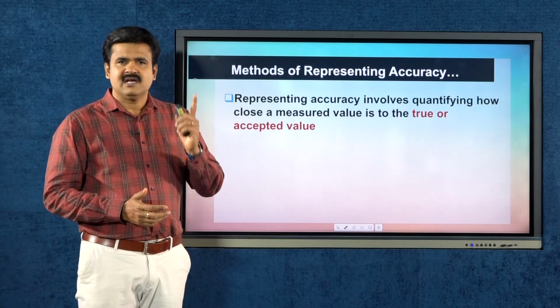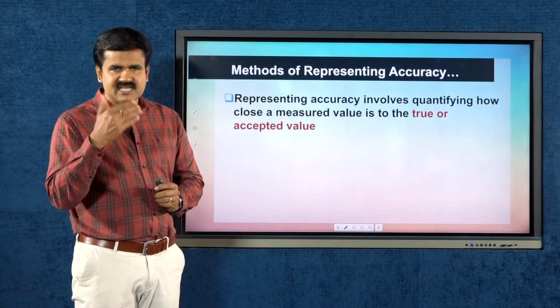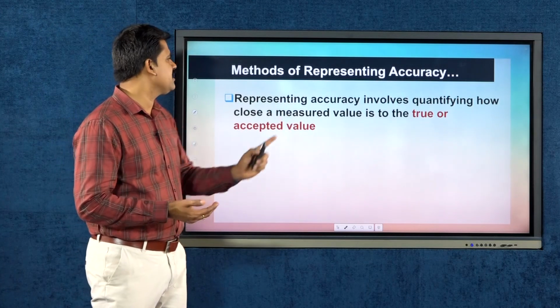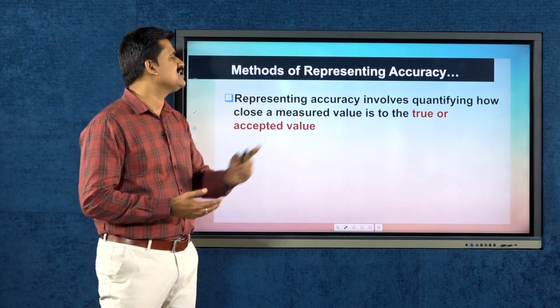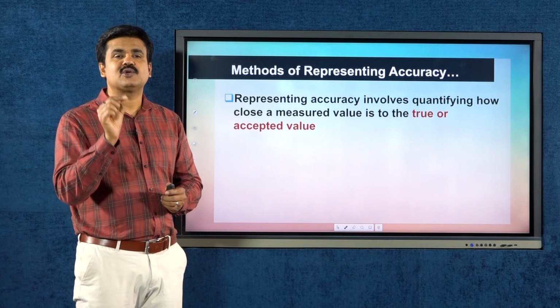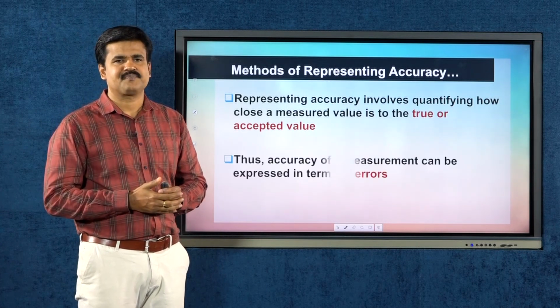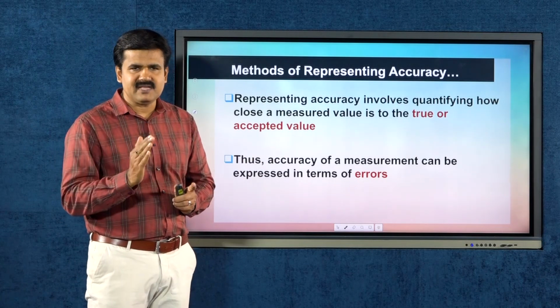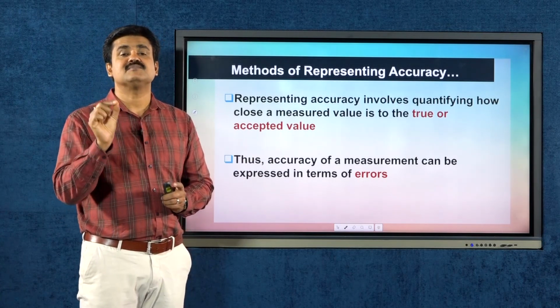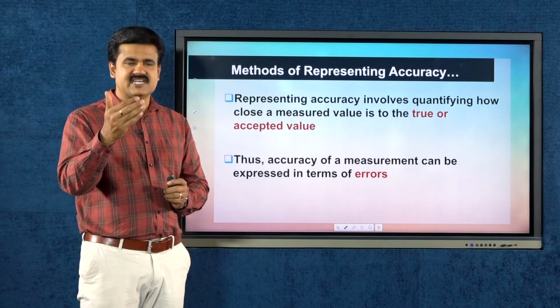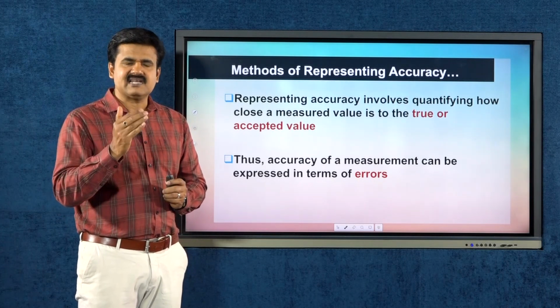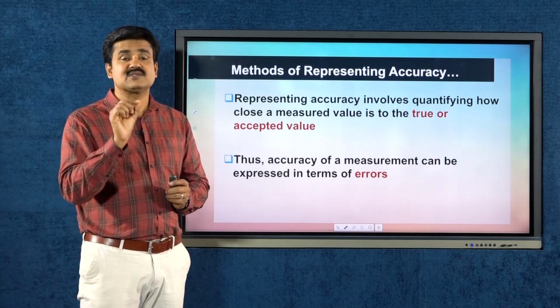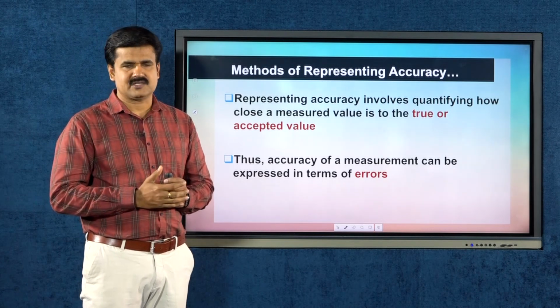Now, representing accuracy involves quantifying how close a measured value is to the true or accepted value. Thus, accuracy of a measurement can be expressed in terms of errors. I mentioned the fact that error and accuracy show inverse relation to each other.